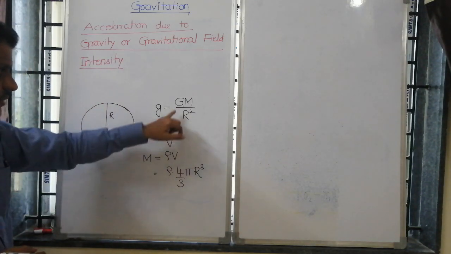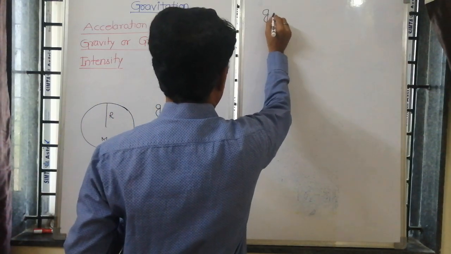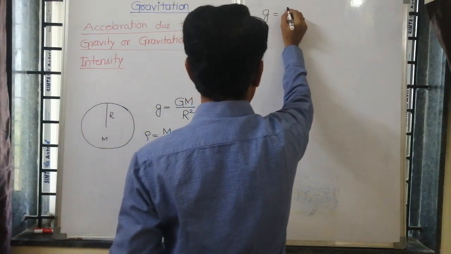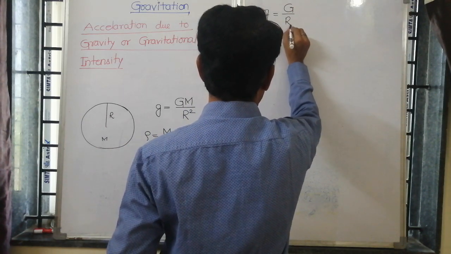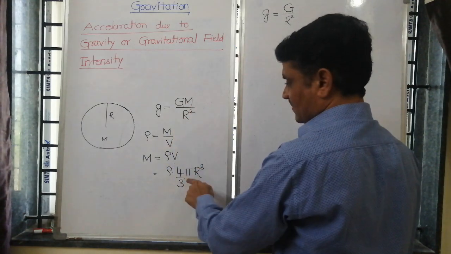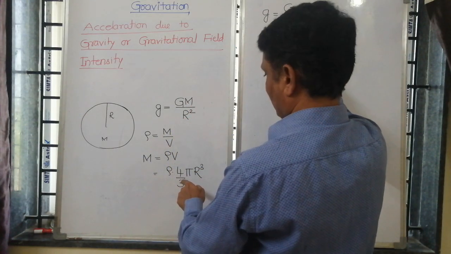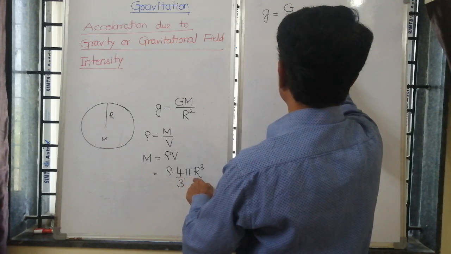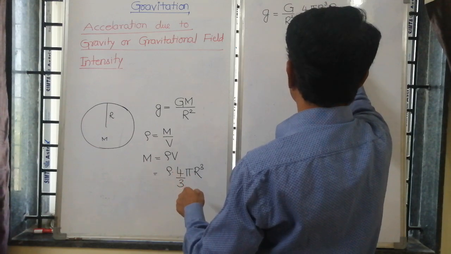If you substitute this m here, then small g is equal to capital G divided by r square. Instead of m I can write 4 by 3 pi r cube into density.